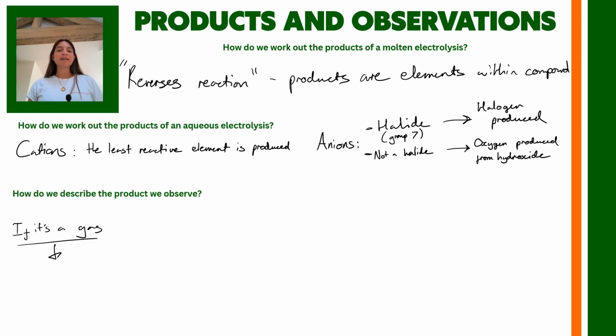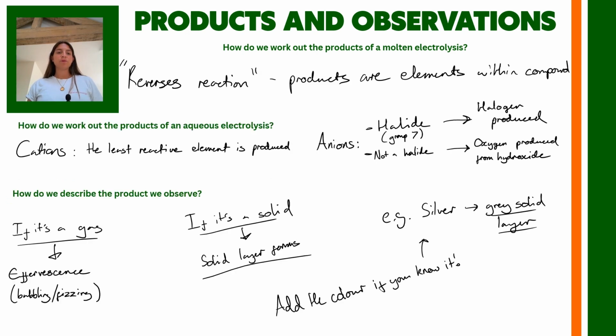Okay, and just to add in some examples here of how we decide which products are made in our aqueous electrolysis. So work out the products of copper chloride and then sodium sulfate. So copper chloride first. So copper is going to be what produces my cations here, those positive ions.